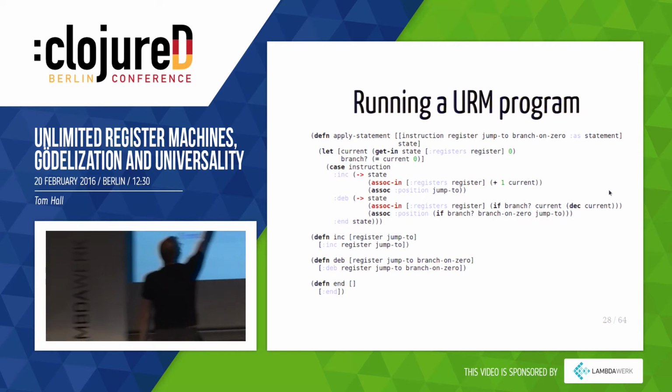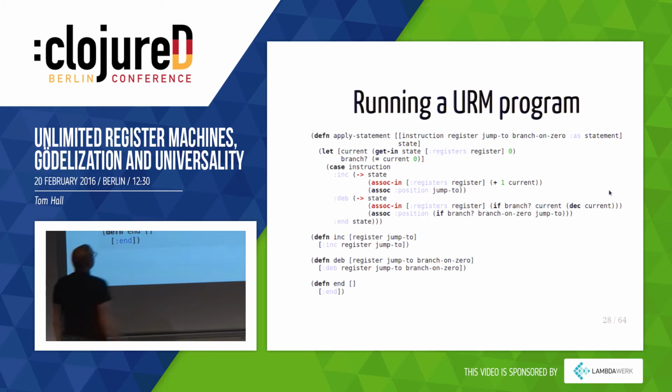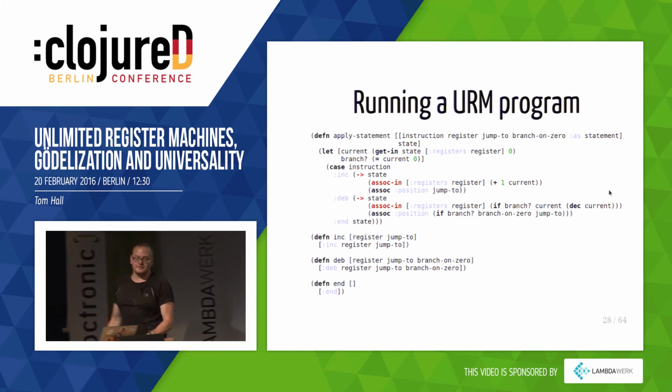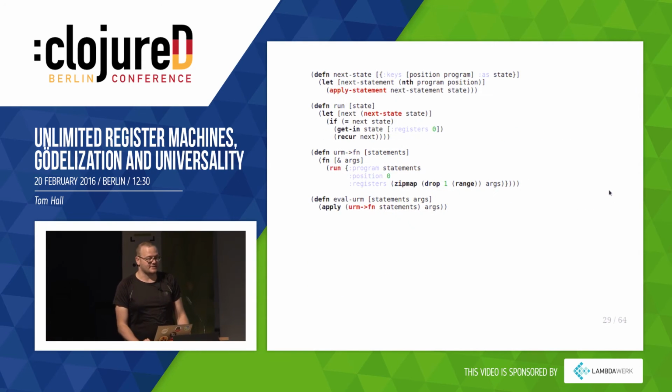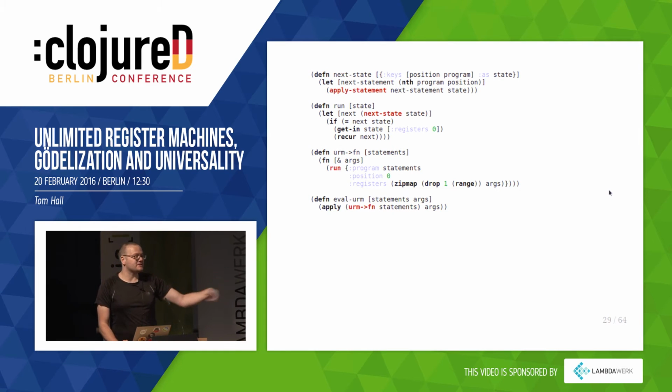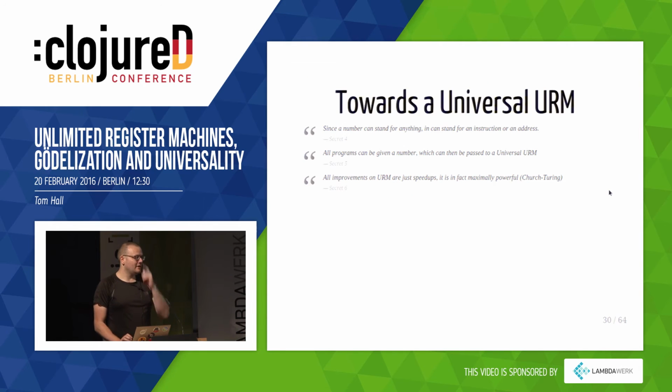So everything else updates the state, increment or decrement and branch, whereas end doesn't update the state. So we just keep fetching the next state until two come the same, and then we stop. I know I'm at a Clojure conference, but the particular details of the Clojure don't actually matter in this case.